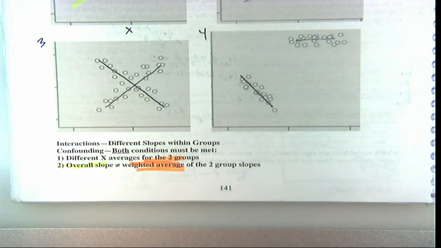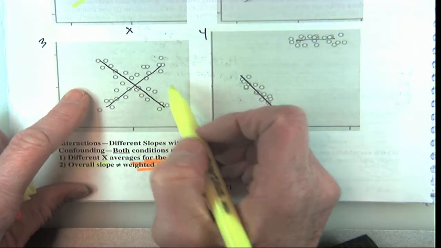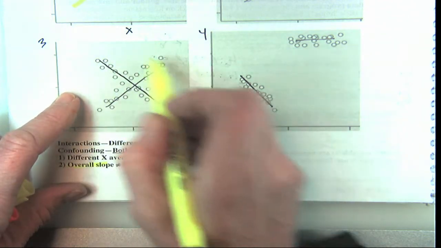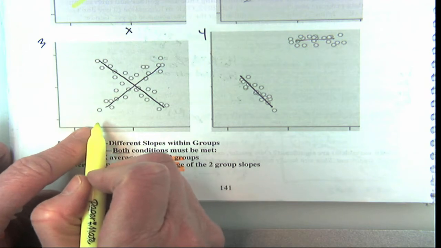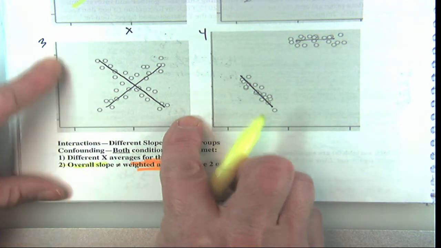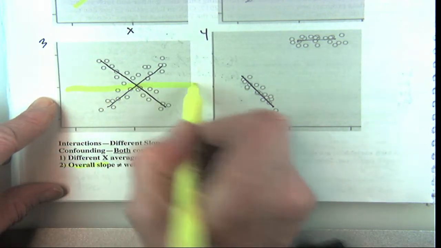Okay, so let's look at this. We're looking at what would be the overall. The overall is what the regression analysis would say, as x gets bigger. This is the overall.